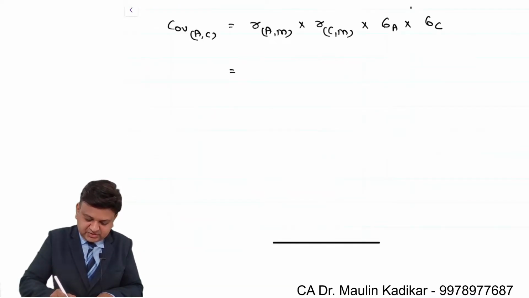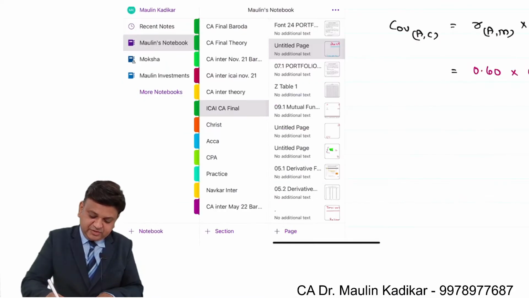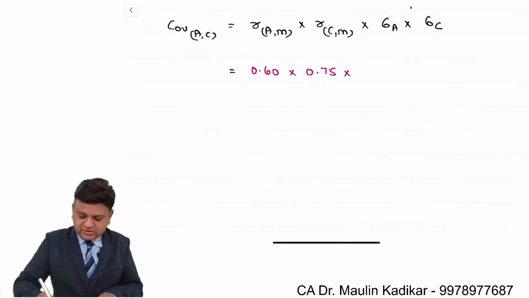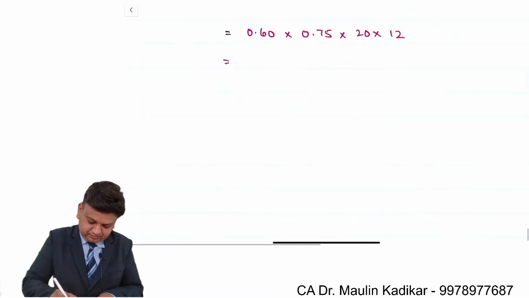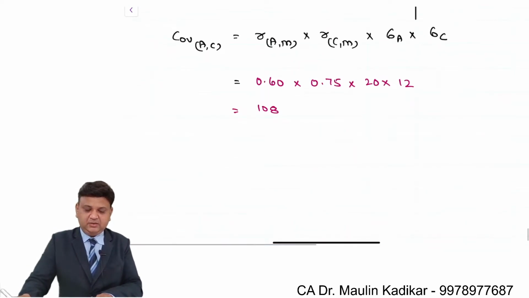So this is 0.60 into 0.75 into standard deviation of A, 20, standard deviation of C, 12. So 0.6 into 0.75 into 20 into 12 comes to 108. This is the way the covariance is calculated between A and C.